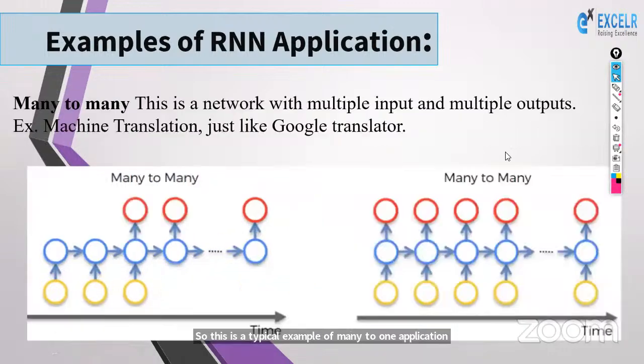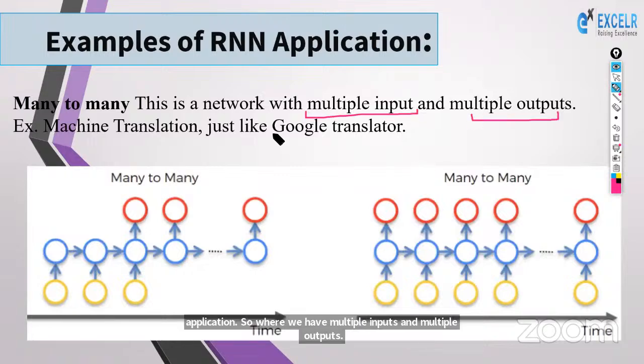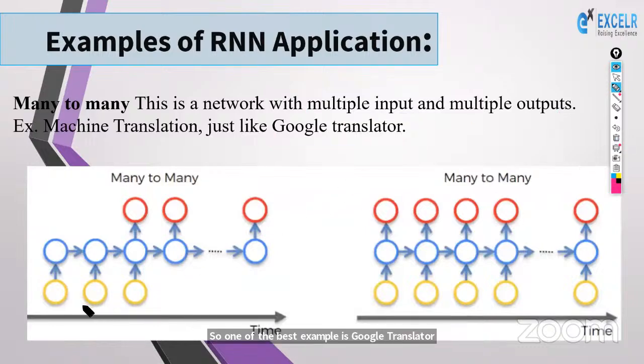And let me also talk about many-to-many kind of application, where we have multiple inputs and multiple outputs. One of the best examples is Google Translator, guys. You provide a sequence of words as an input in a particular language, let's say English, and you want to translate this sequence of words into some other language, let's say French.